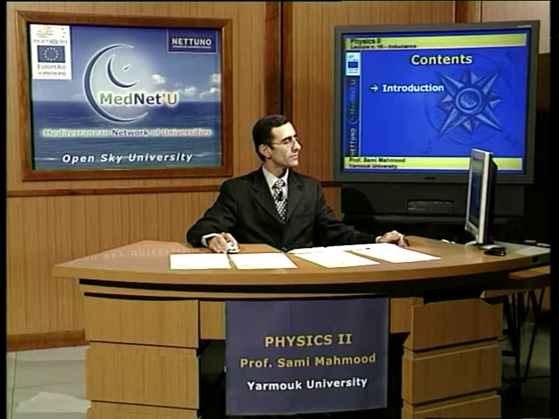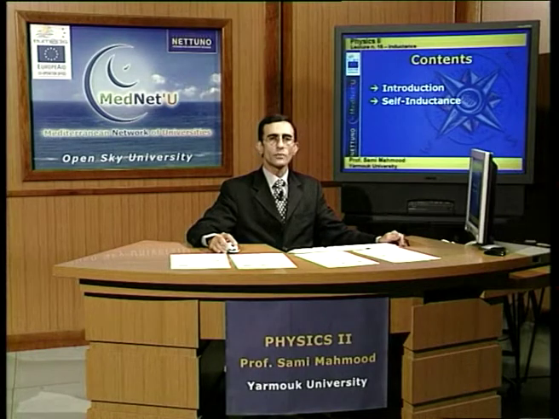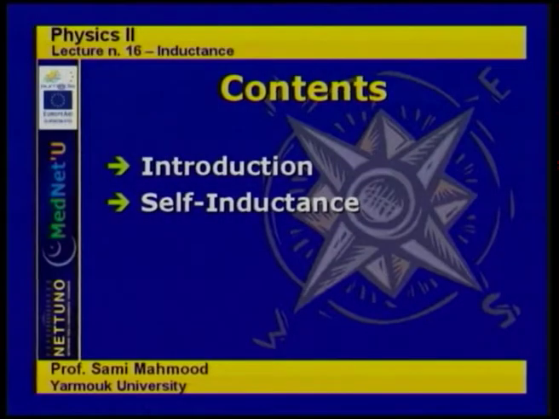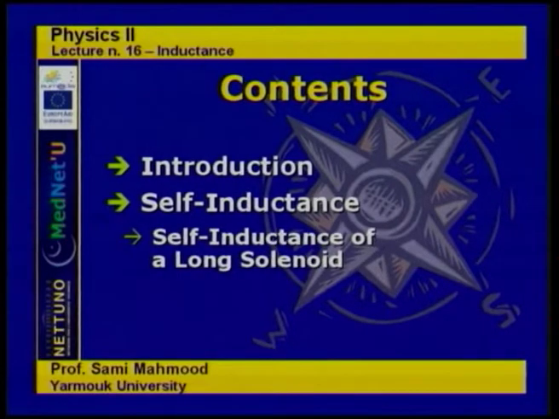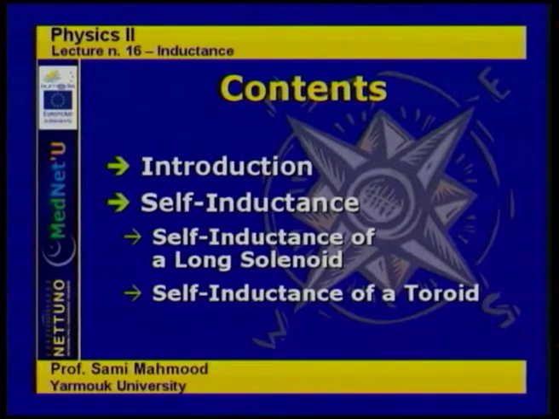This lecture will contain a general introduction, and then we will define the inductance. We will define the self-inductance. Then we will evaluate the self-inductance of a long solenoid depending on that definition. We will also consider the toroid, and we will evaluate the self-inductance of a toroid.